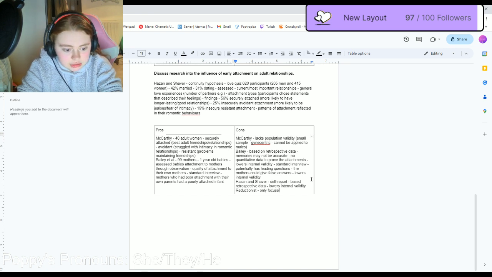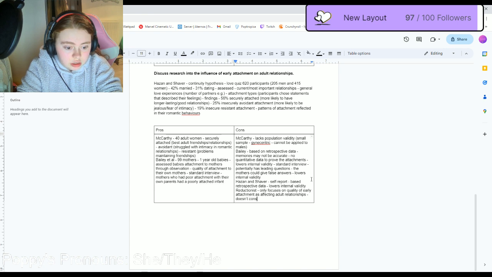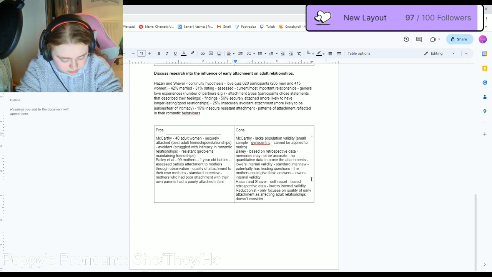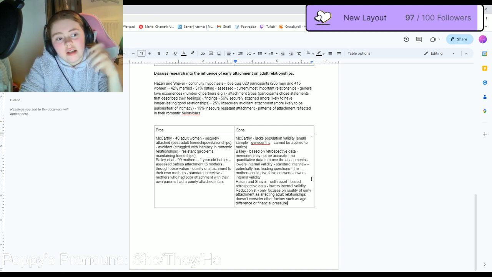It only focuses on quality of early attachment as affecting adult relationships, and it doesn't consider other factors such as age difference or financial ideas.